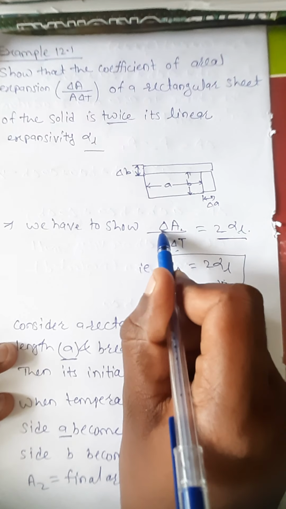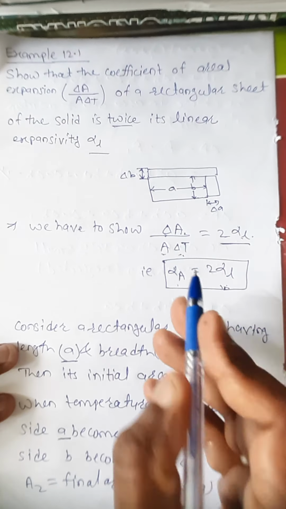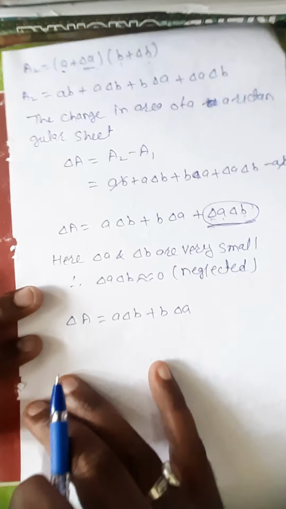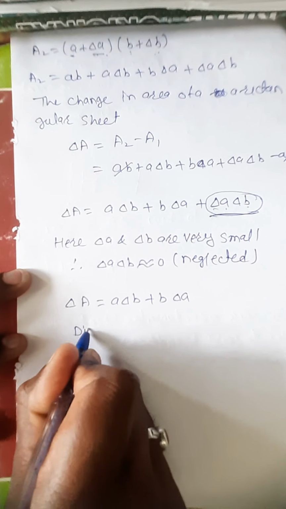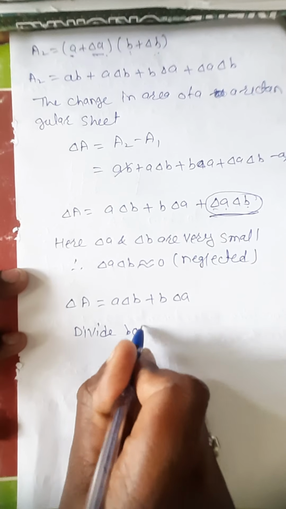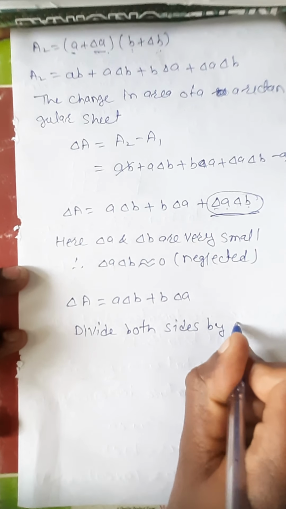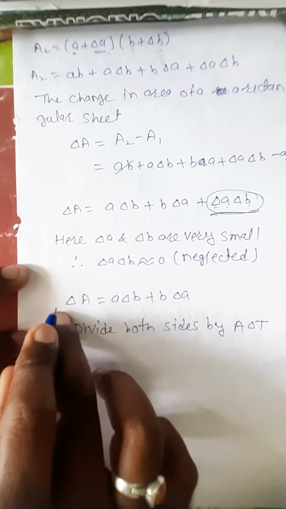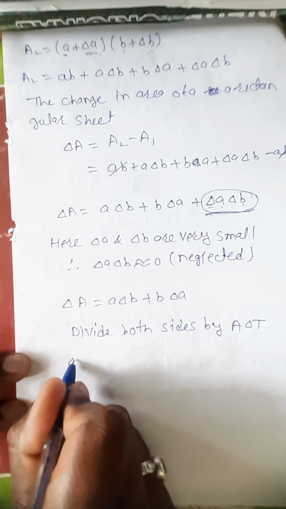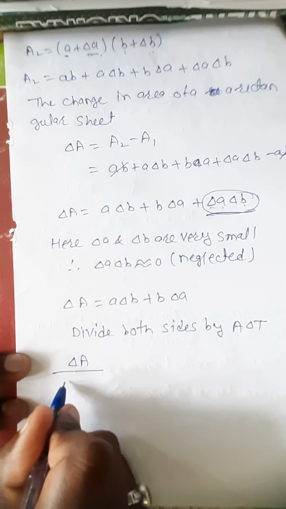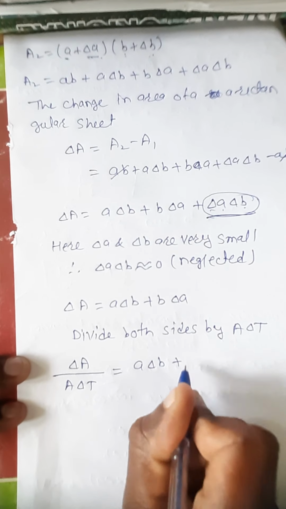Here we have delta A. Divide both sides by A into delta T, so delta A divided by A into delta T is equal to A into delta B plus B into delta A.